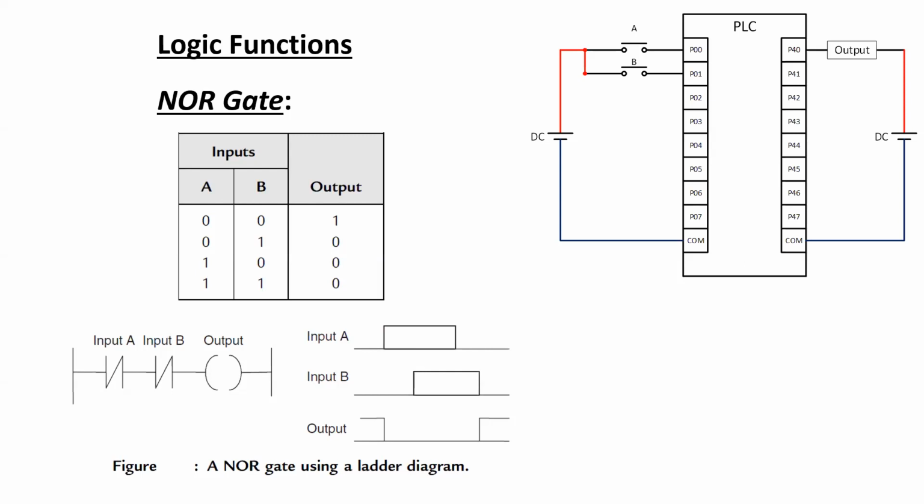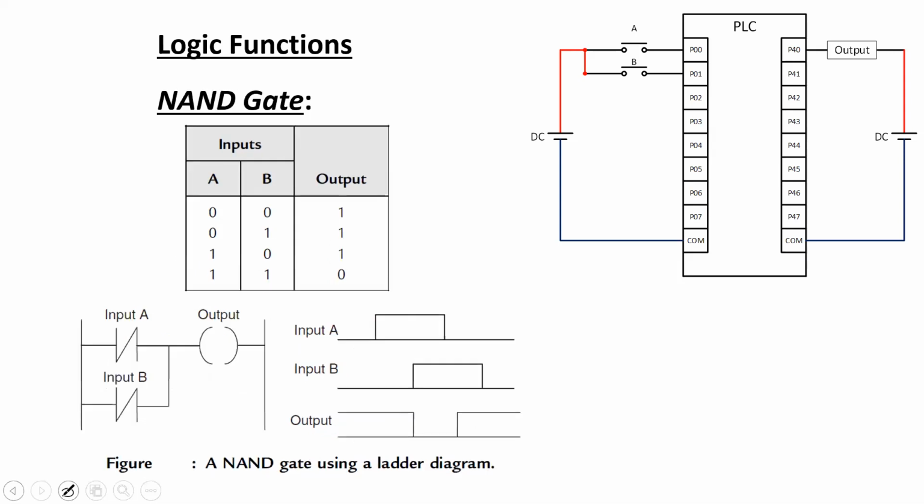Now here, in order to draw these diagrams, in case of the NAND gate, you can say that A prime, B prime is going to give you the desired output if you want to rewrite it in terms of a Boolean expression.